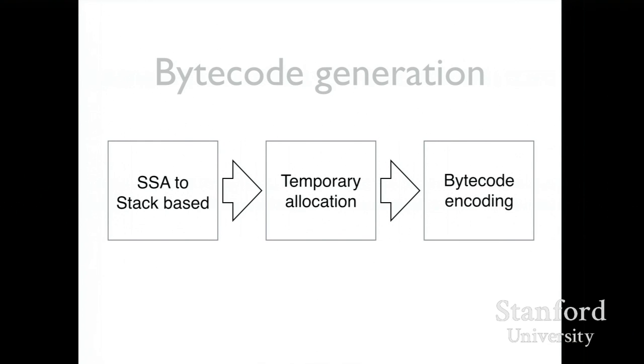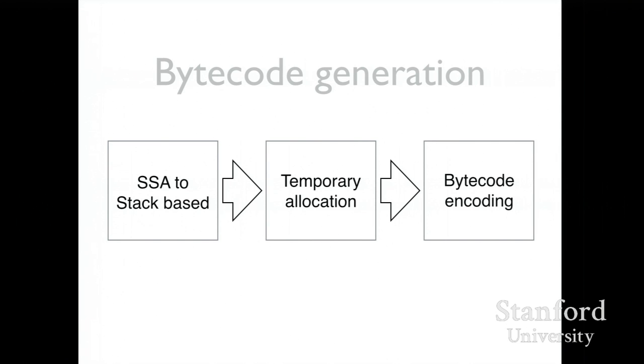Lastly, and this is I think the untraditional part, we need to convert the representation back to bytecode. This is a bit strange. The first thing we do is convert the SSA representation to a stack-based representation. So we need to map back which value will actually be a temporary variable and which value will be spilled on the stack.